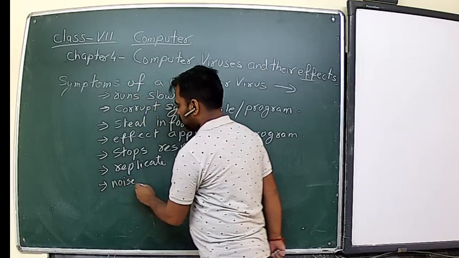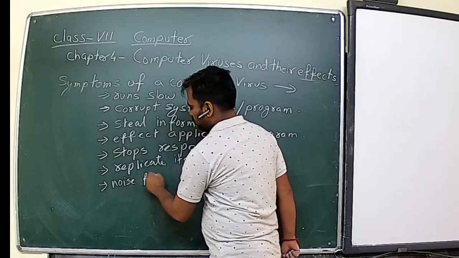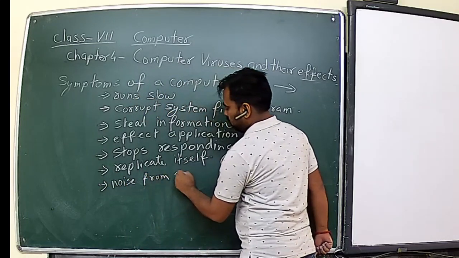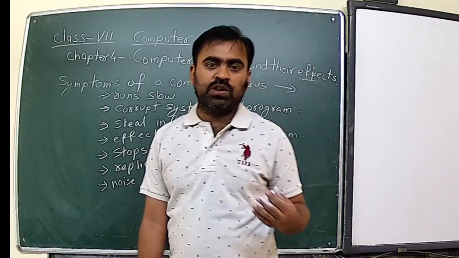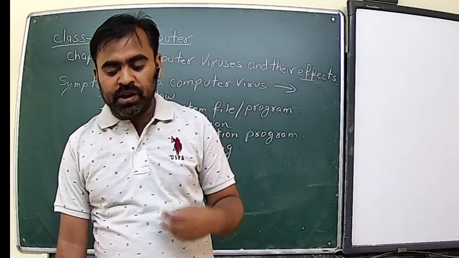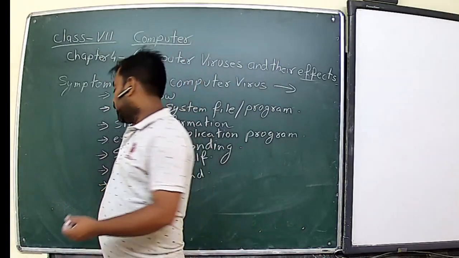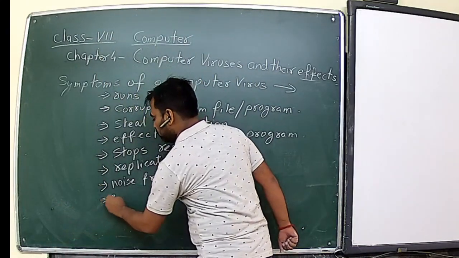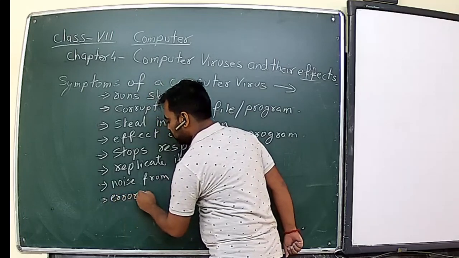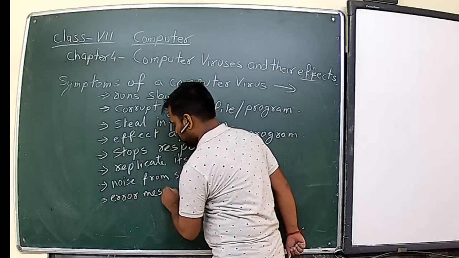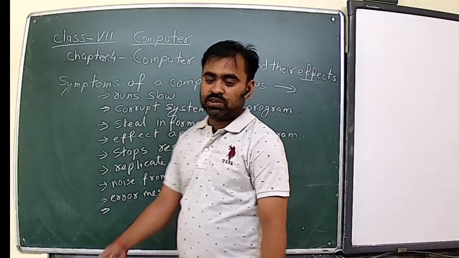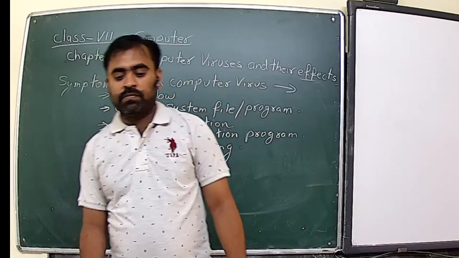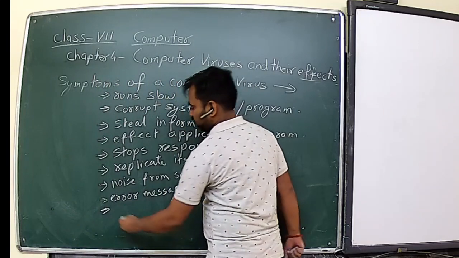Then strange sounds or beeping noise from the system. A strange noise comes from the system, or a continuous beeping noise, or unusual error messages are displayed on the system, and the hard drive often runs out of free space.